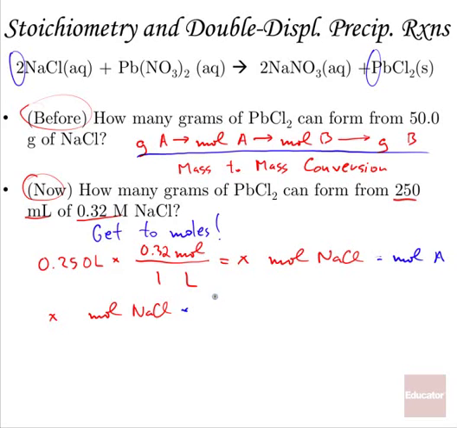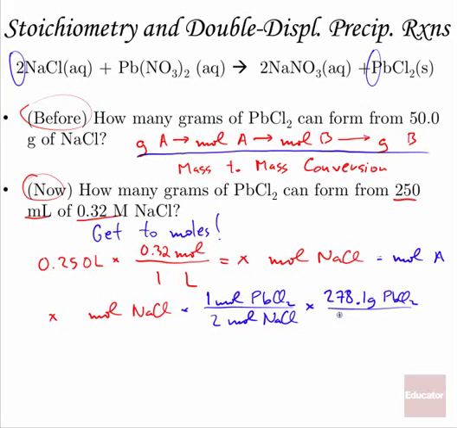So that's going to be times 1 mole of lead 2 chloride for every 2 moles of sodium chloride. All right. That's moles of B, and now from moles of B, we go on to grams of B. So now multiply by the molar mass of lead 2 chloride, which is 278.1 grams of PbCl2 for every 1 mole of PbCl2. And when all is said and done, we get 11.1 grams of PbCl2, everybody.